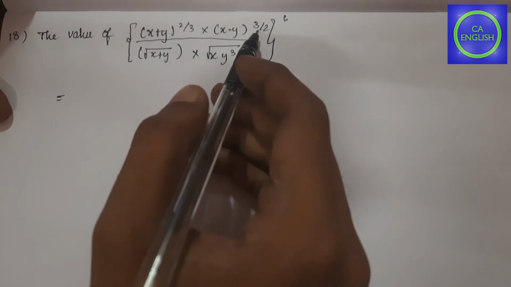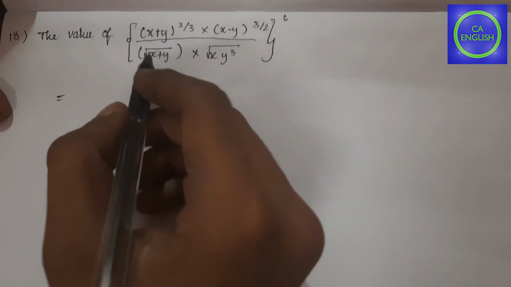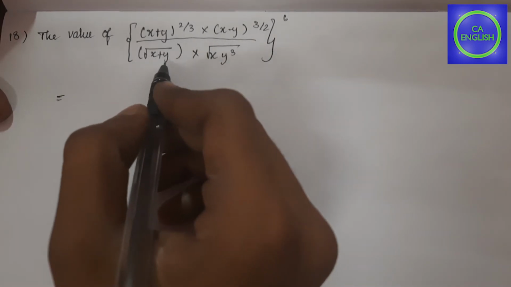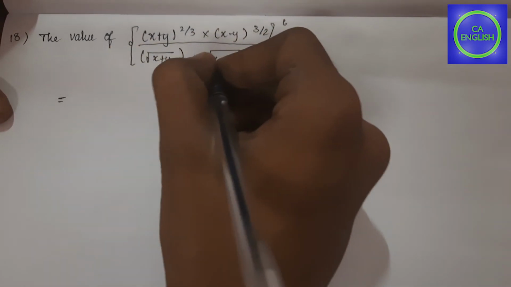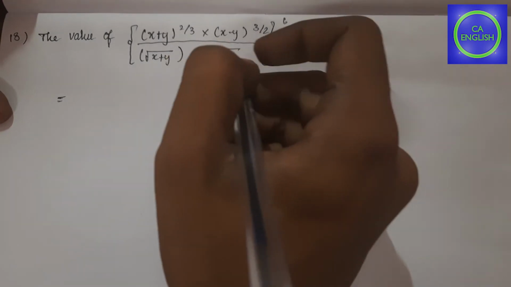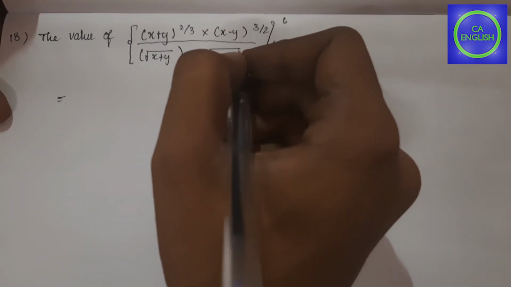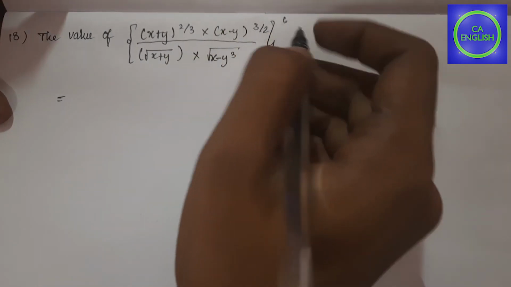18th sum, the value of x plus y the whole power 2 by 3 into x minus y the whole power 3 by 2 divided by root of x plus y into root of x minus y cube, the whole power 6. They are asking the value of this term.